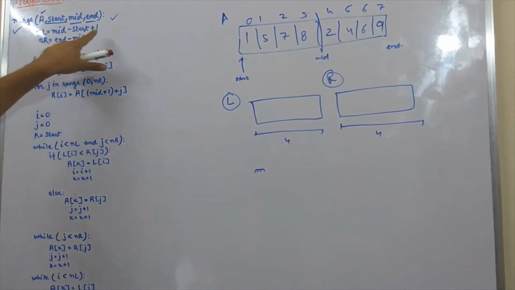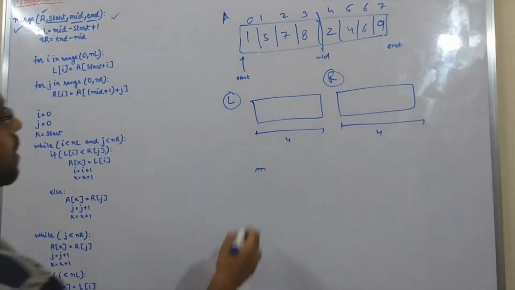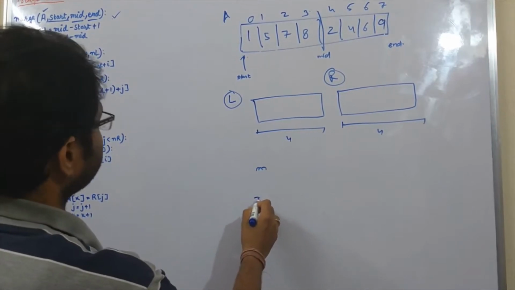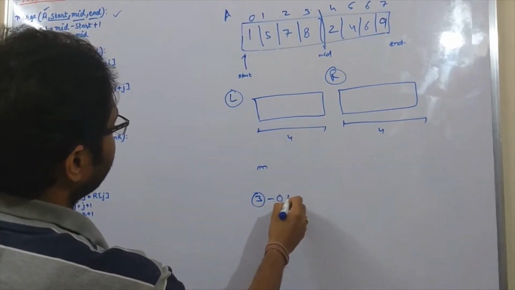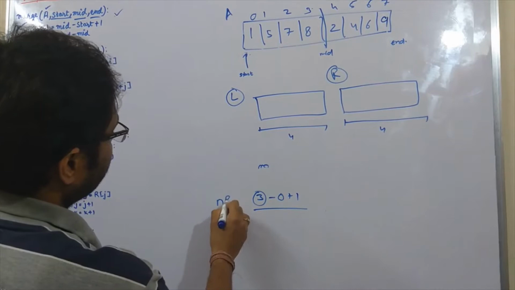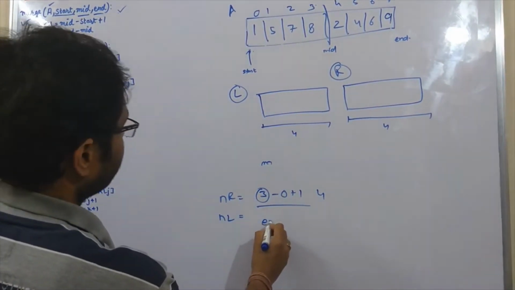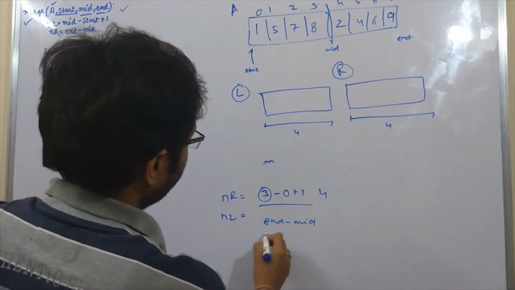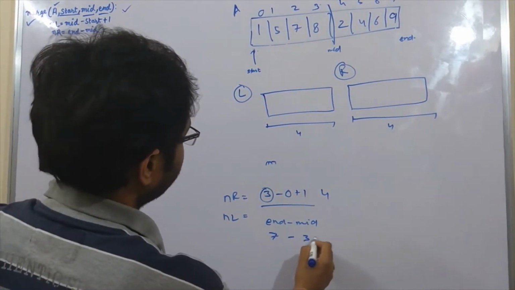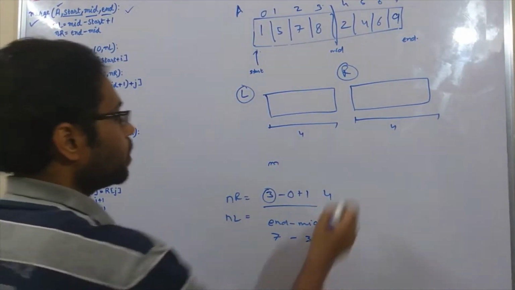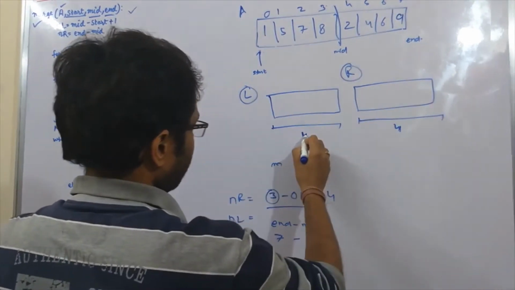Mid is our 3, so 3 minus 0 plus 1 gives NL value 4, and NR value will be end minus mid. End value is 7 and our mid value is 3, so that will also be 4. So we have created two arrays of size 4.